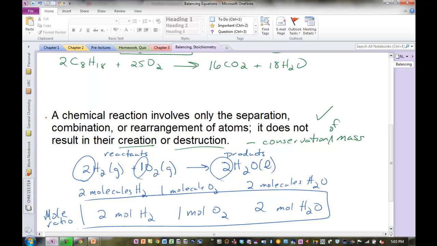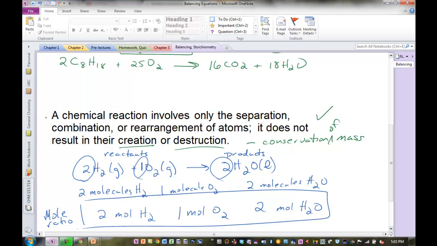And that leads us into stoichiometry. Because stoichiometry, all it is, is knowing how to go from moles of one thing in the equation to moles of something else. That's all it is. Stoichiometry, if we narrow it down to its very simplest form, moles to moles. Now we're going to expand on that.